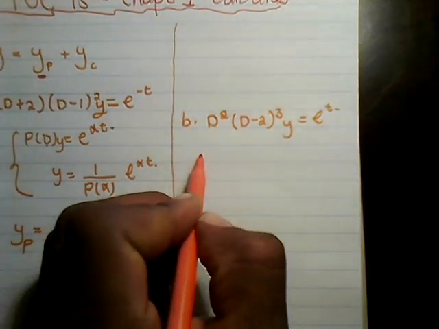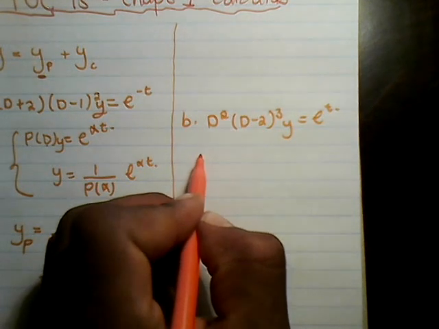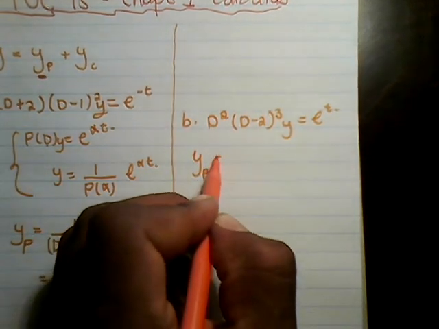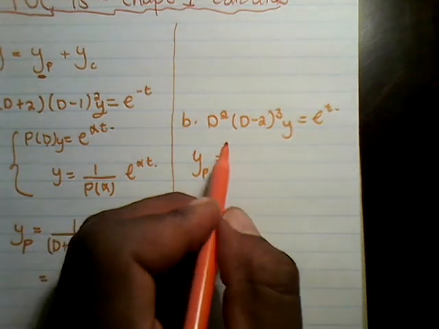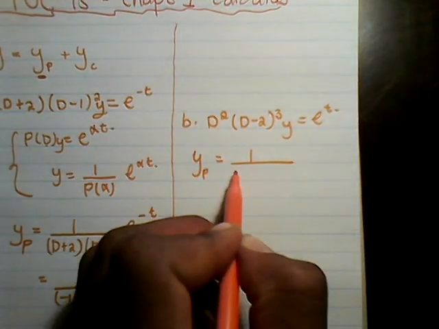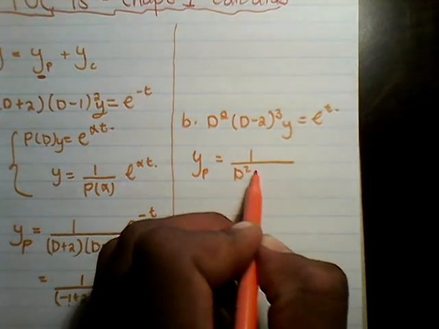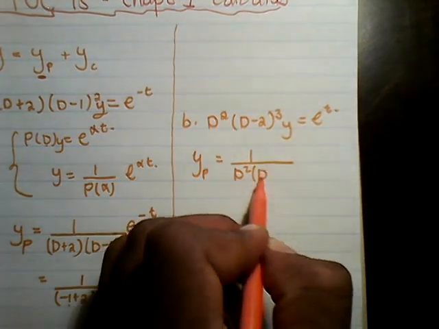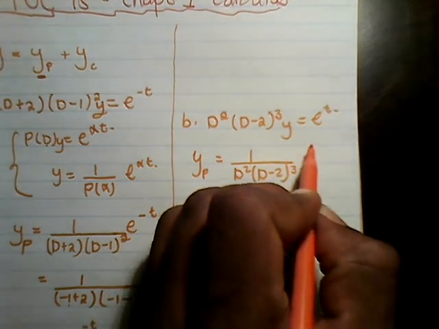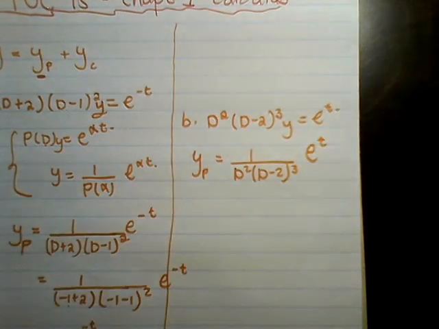Now we're going to do what we did in the previous example. yp equals 1 over D squared multiplied by D minus 2 cubed, e to the power of t.